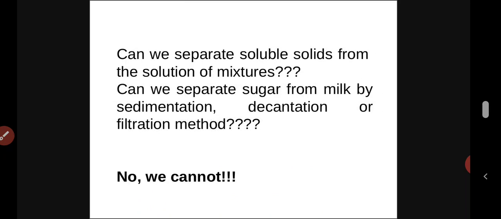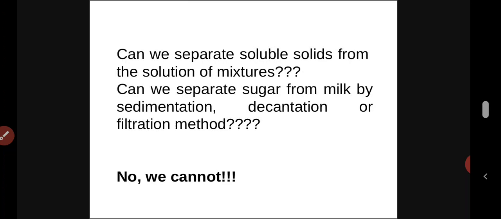So can we separate soluble solids from the solution of mixtures? In the previous cases, either the heavy solid or the light solid, both were insoluble. So we can see it, we can touch it, we can feel it. But in this case, can we separate a soluble solid?